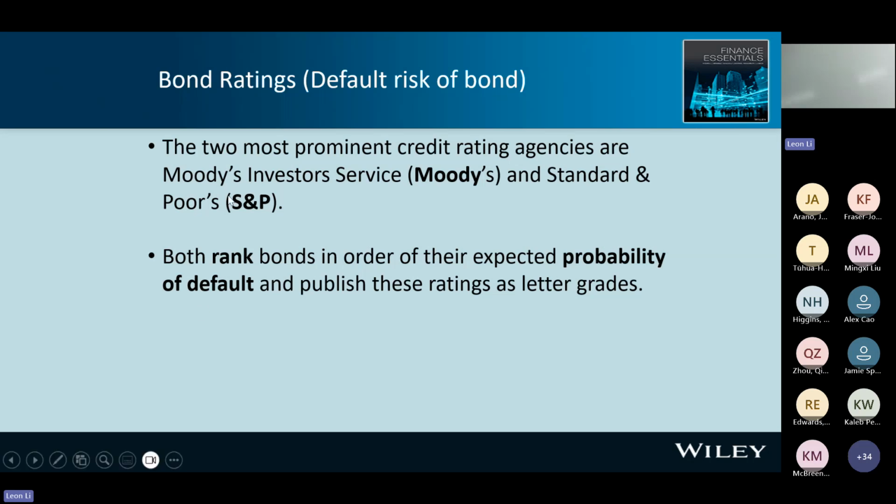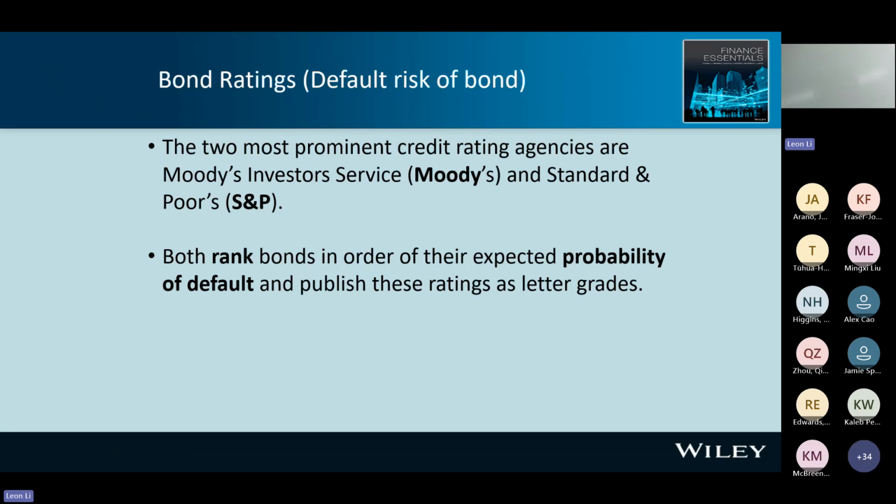Both companies rank bonds in order of their expected probability of default and publish this rating as a letter grade. So you can find the bond rating information in the newspaper or internet, from Moody's and S&P. So they are about probability of default or probability of bankruptcy, right?